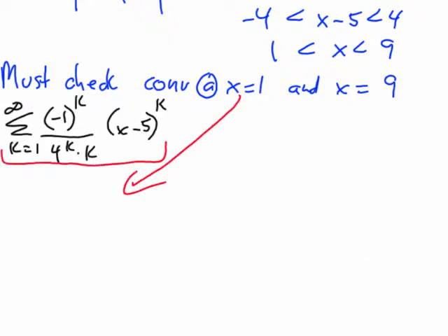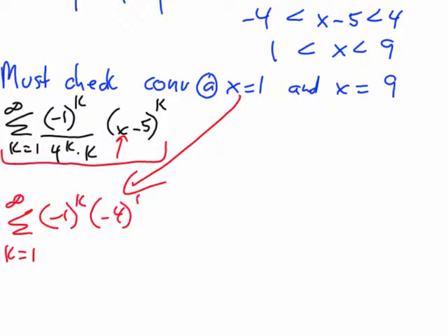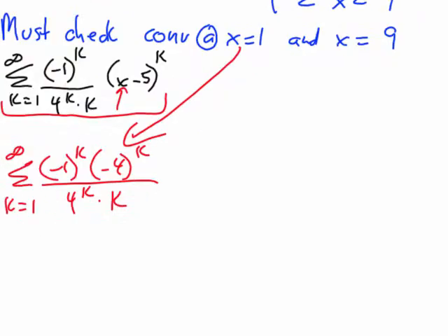Checking x equals 1 just means I'm going to plug 1 in for x. And on the numerator, I can combine the two terms to be 4 to the k. So those cancel out.